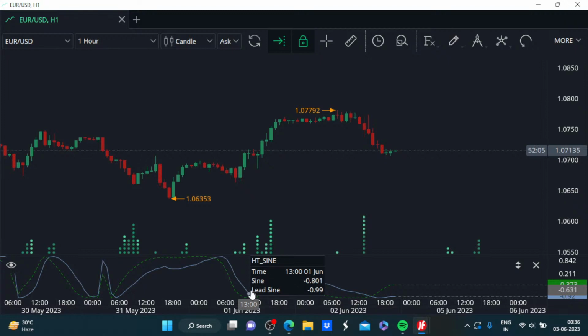but the sine value needs to be greater than the lead sine, and as and when things start to shoot up in the sine and the lead sine values, we take it as a marker of a strong trend starting on this hourly chart.